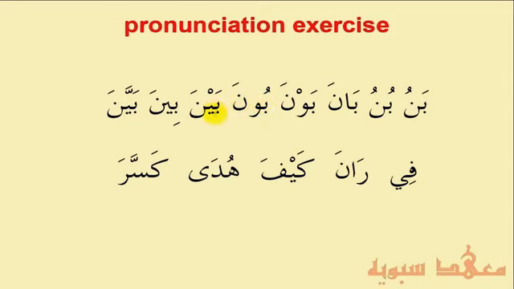The next is bayna. Then we have beena. This is a long vowel, beena. And finally, it's bayyana. So there's a shadda there. So it can actually be written as follows: the ba, then the ya, followed by another ya, and then finally the noon.